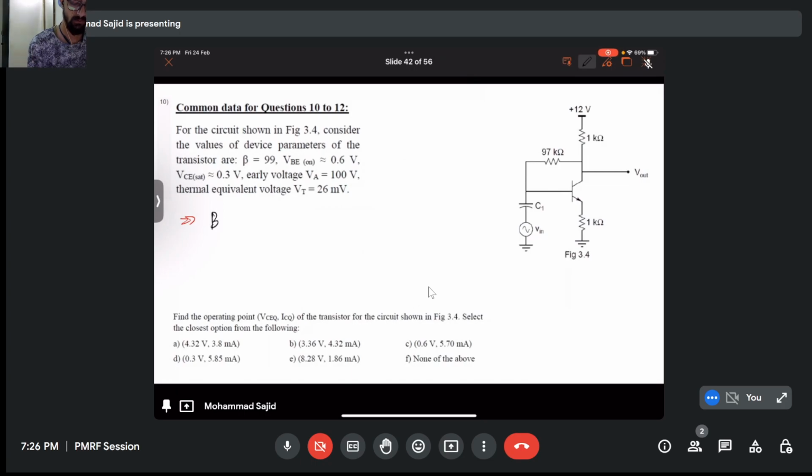These values are given to us, including the early voltage, which is important to note down. Now we have to find the operating point.